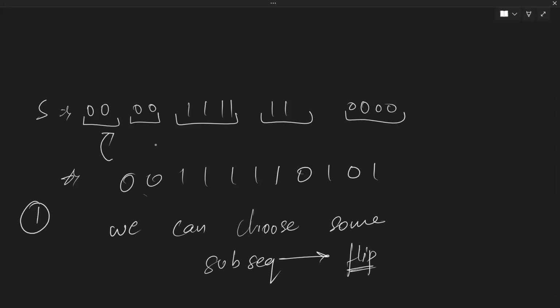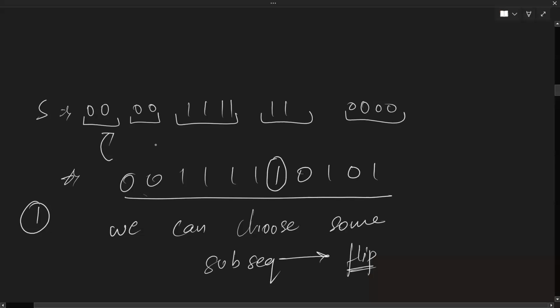So choose some subsequence of positions. Let's say one valid answer is that I choose this position, and then I choose, like 1, 2, 3, 4.